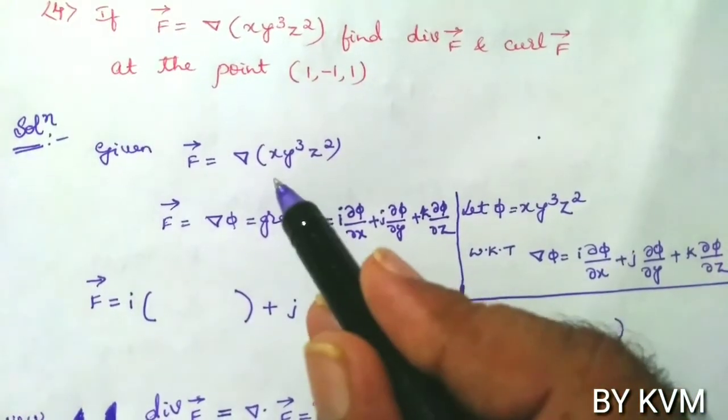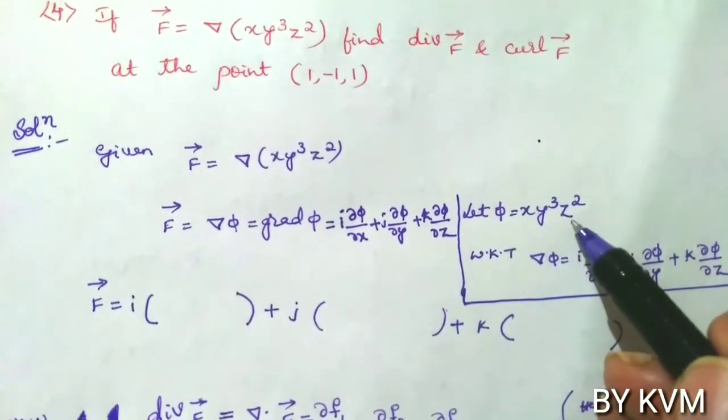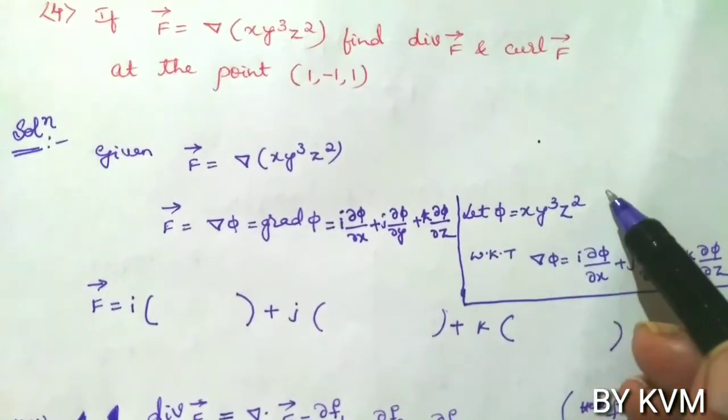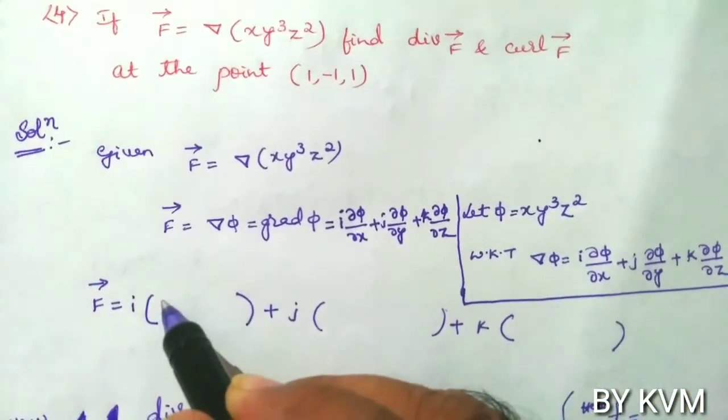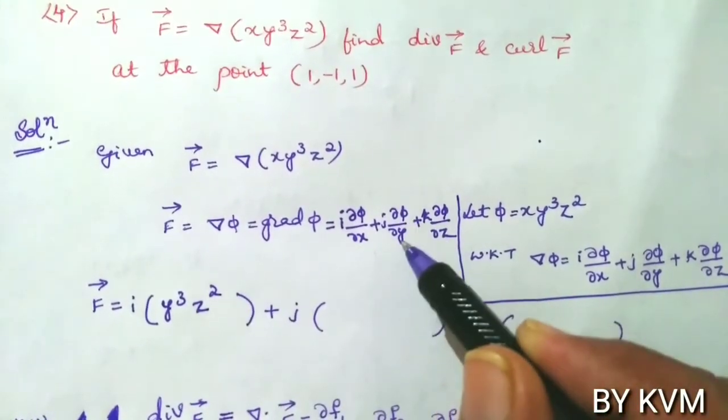Differentiate phi partially with respect to x. Phi here we have taken as x y cubed z squared. So y and z are constants. So we get y cubed z squared, plus j into ∂phi/∂y.